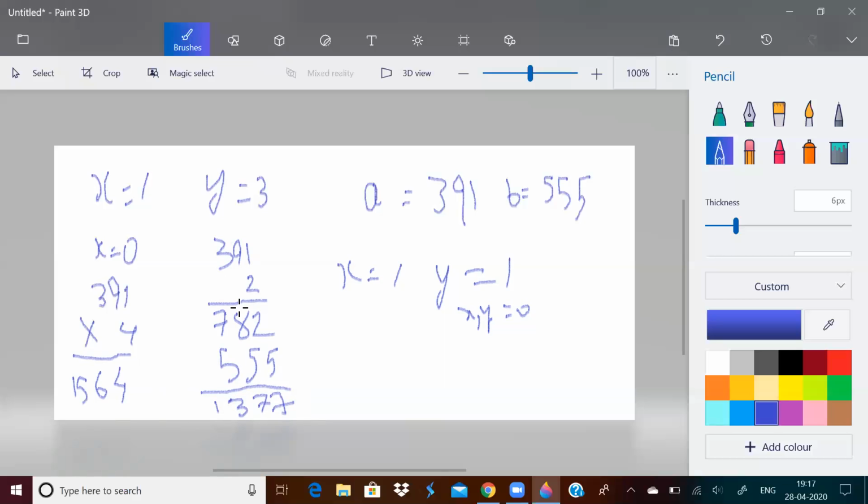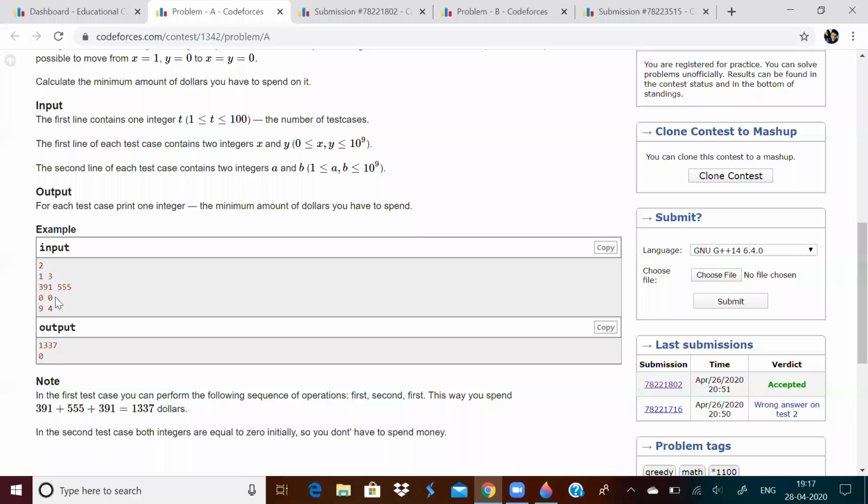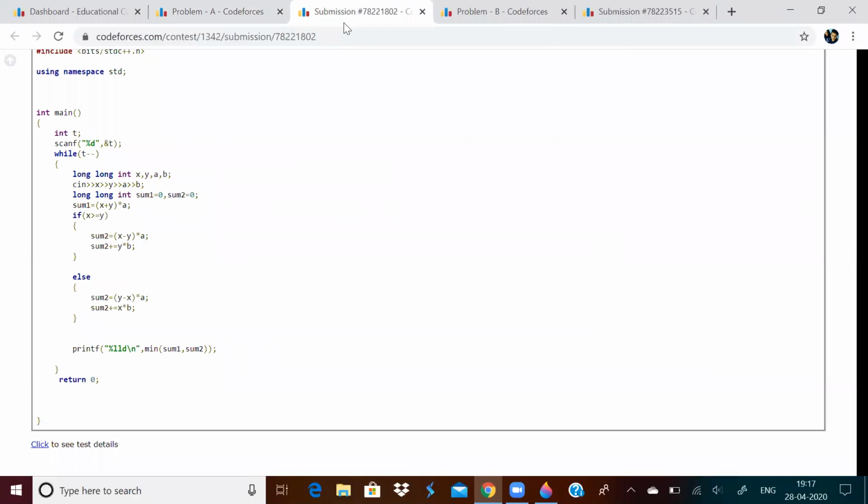So we need to apply this approach to every such kind of problem. If y is already 0 and x is already 0, we don't have to do anything, so we print 0. Let us look at my code, what I wrote. I took the input x, y, a, b, and I declared two sum variables, sum1 and sum2.